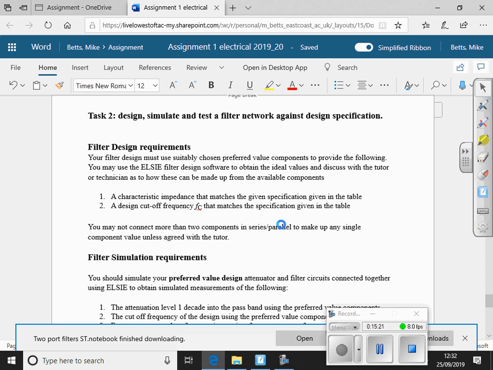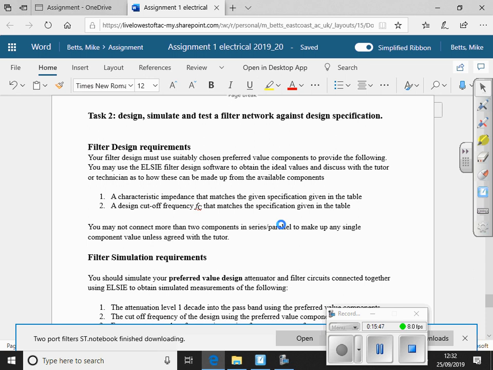Then you'll put them into LC, and that will give you an indication of how far the preferred values shift you from design. You'll then build that circuit and do tests again to measure the practical cut-off frequency and attenuation of your filter across the range of frequencies. Then write your lab report.